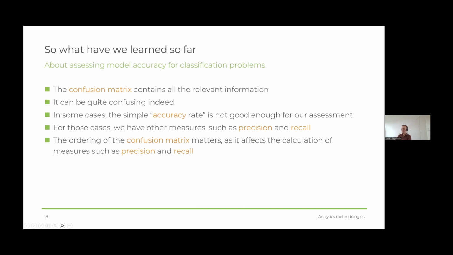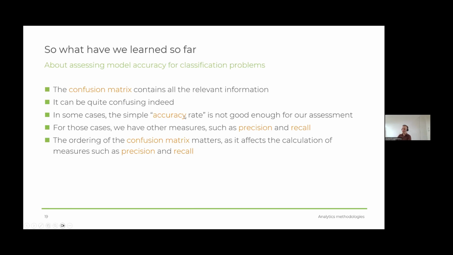So far, we learned that for regression, we can use mean absolute error, mean absolute percentage error, and mean squared percentage error, for example. For classification, we start using the confusion matrix and KPIs like accuracy, recall, and precision.